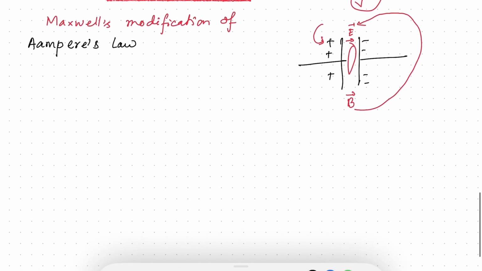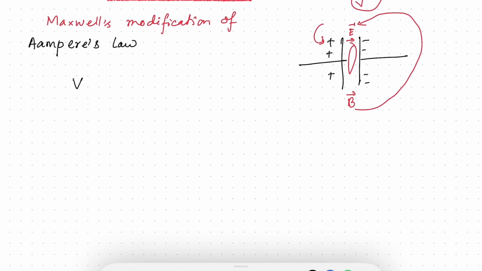He considered that curl B is equal to mu naught J. This was the original Ampere's law. Maxwell considered there must be another term missing here, suppose X. Let us obtain the X now. What is X?